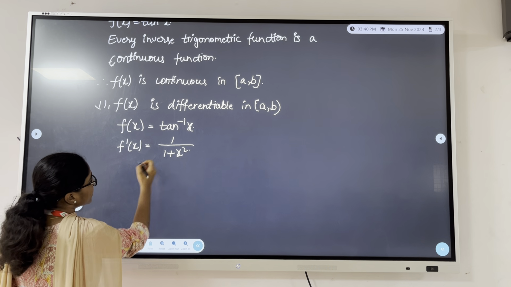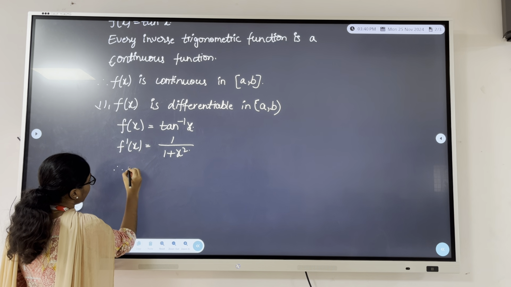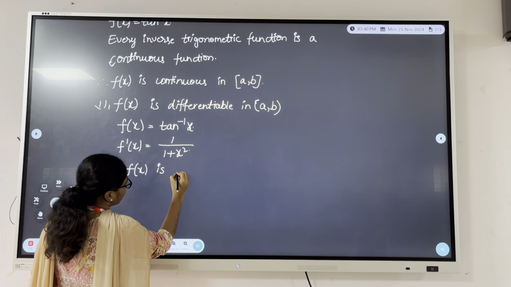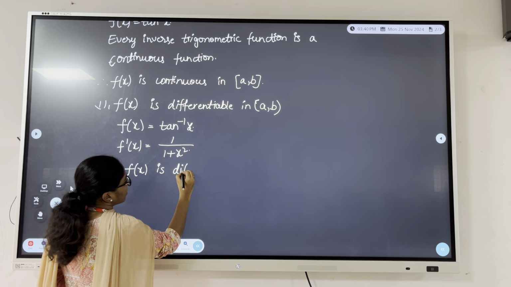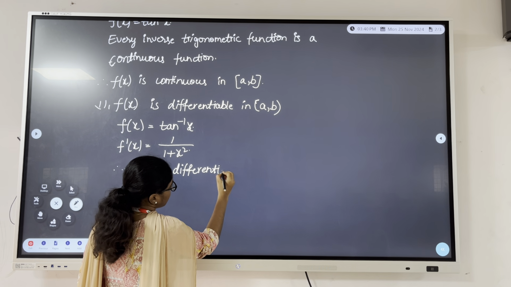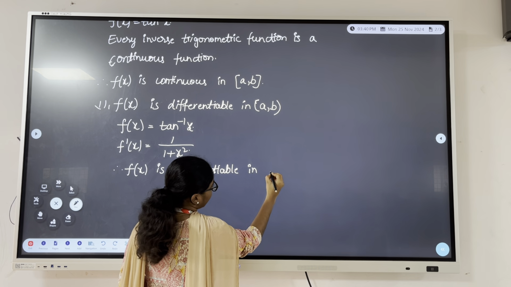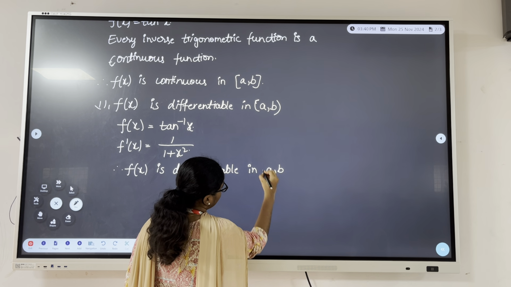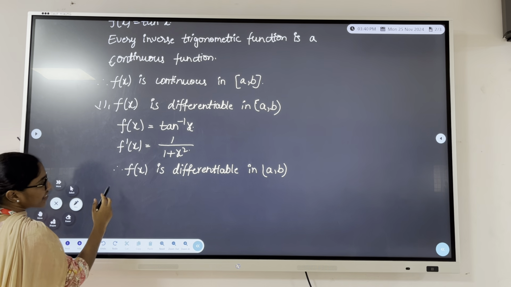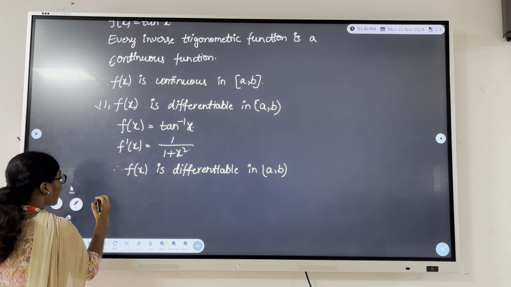Then f of x is differentiable in a comma b. Therefore, f of x is differentiable in a comma b. As two conditions are satisfied, now let us see slope.